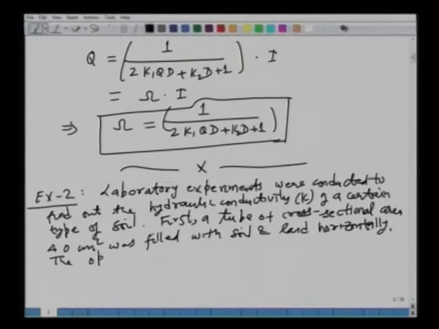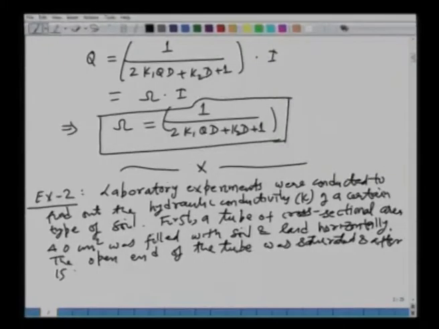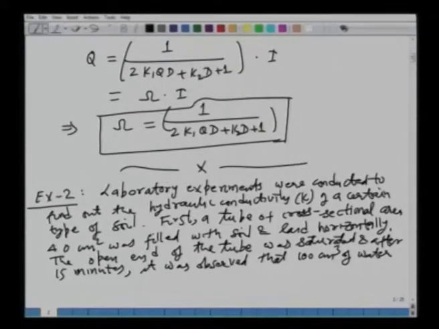The open end of the tube was saturated, or some water was applied, and after 15 minutes it was observed that 100 centimeter cube of water infiltrated into the tube.